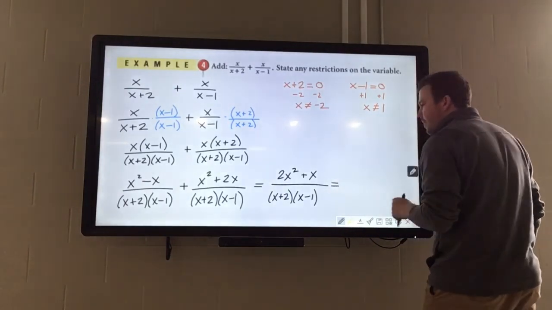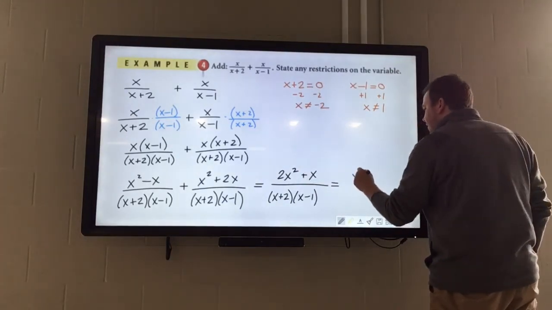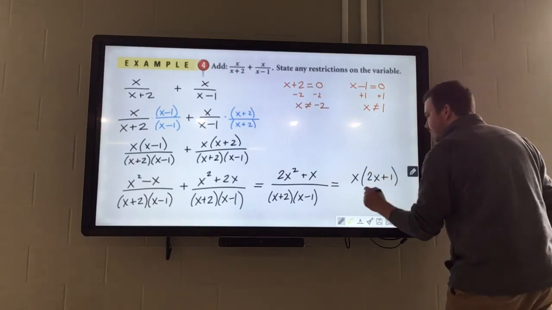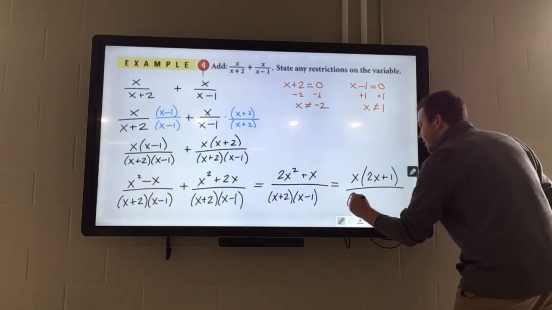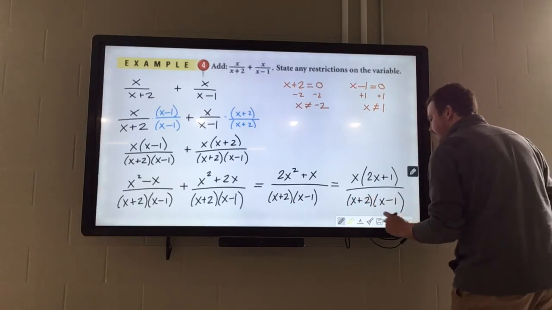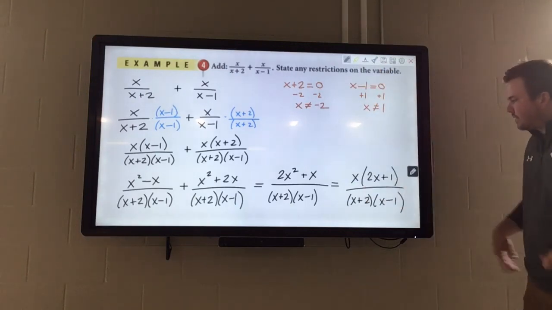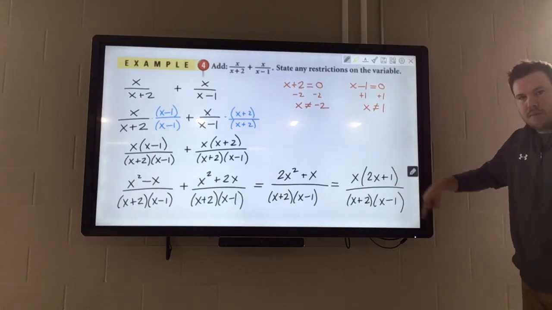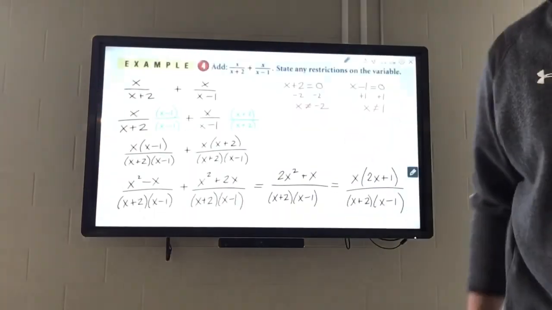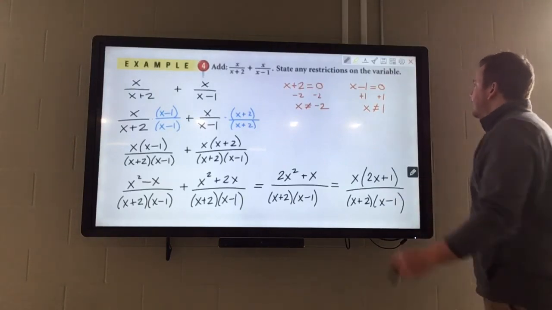What I like to do from there is I like to factor the numerator if I can. So in this case, I can factor out an x, leaving me with 2x plus 1. Then the denominator again just stays x plus 2 times x minus 1. And that there is as much as I can simplify. Sometimes you'll be able to cancel out one more thing. In this case, we cannot. So that's my final answer.